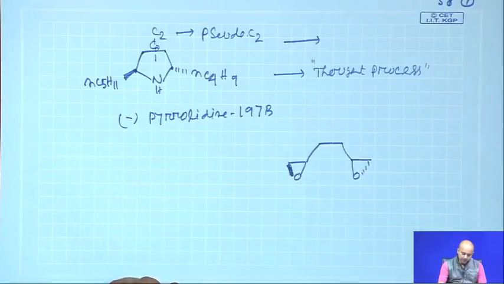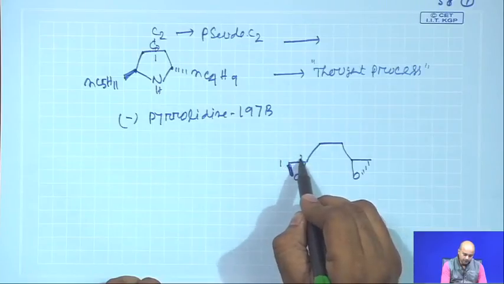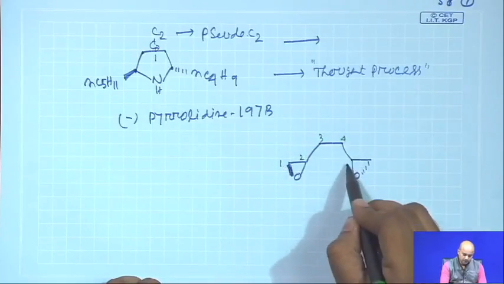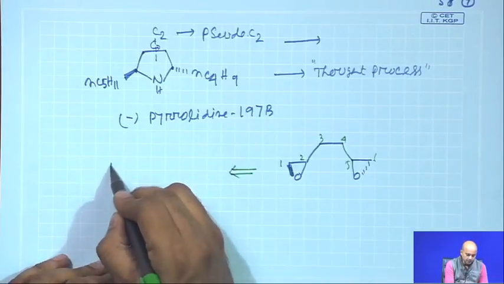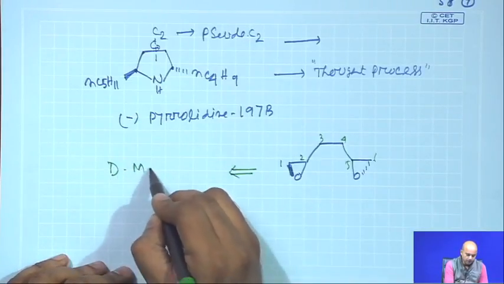This epoxide is a 6 carbon epoxide. If you remember, we synthesized this epoxide in the chiral pool strategies from D-mannitol.